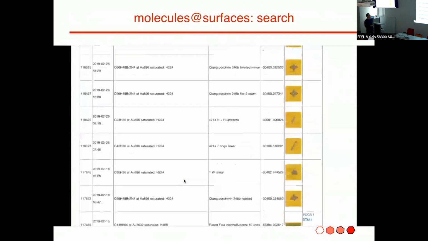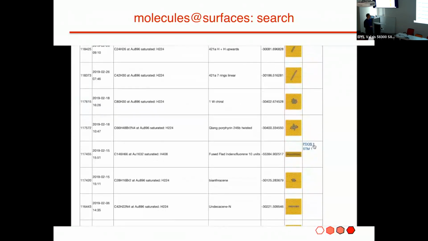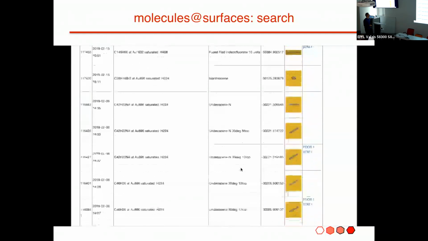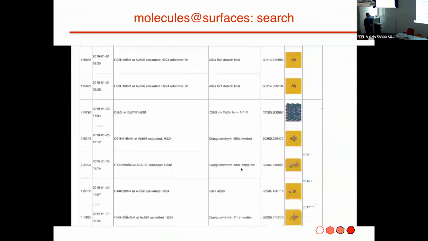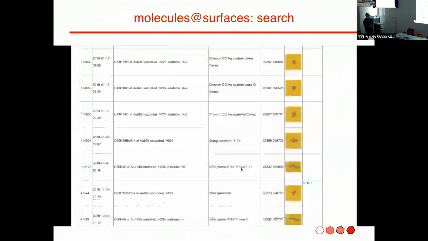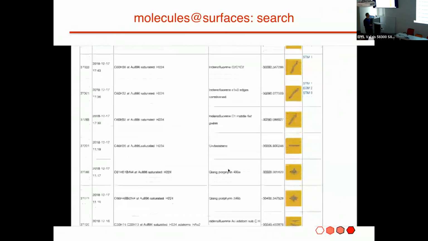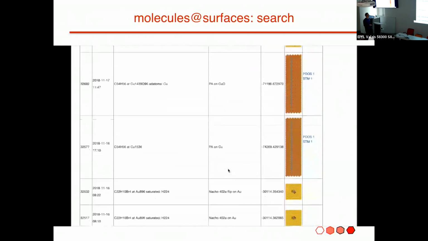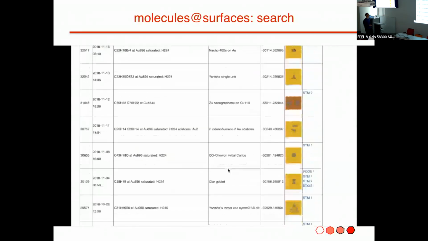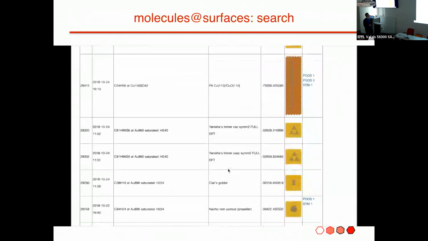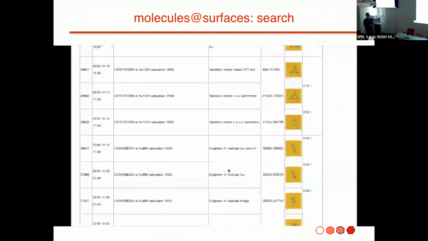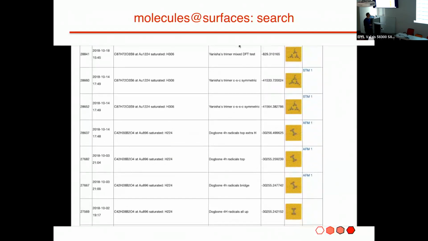For example, density of states, STM images, or, scrolling down, not only gold, this is palladium, gallium, atomic force. So if you compute more than one set of STM, you will have all of them listed. And we also have AFM images. It was a while ago that we did the last one, in October.